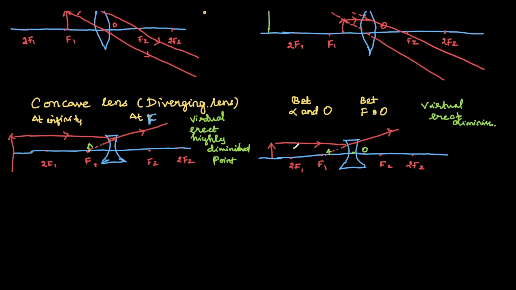When we bring the object closer to the lens, the image size will go on increasing. This is the way the image will be produced, between F and O.